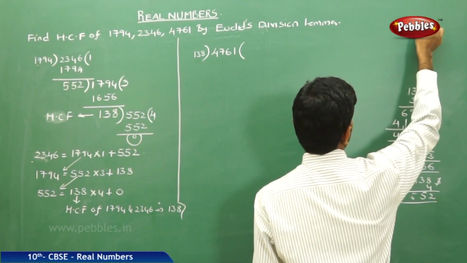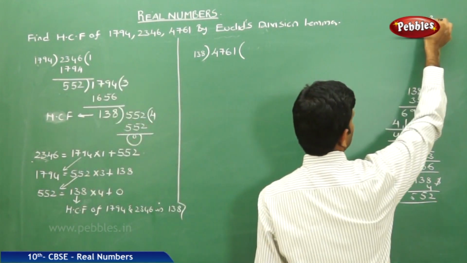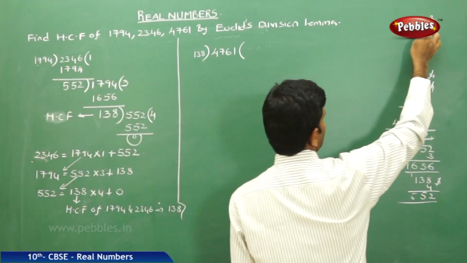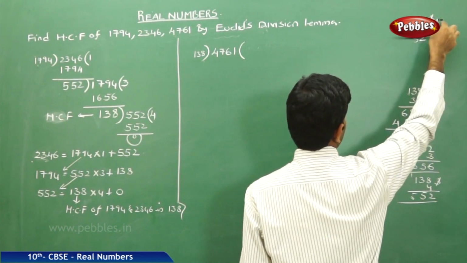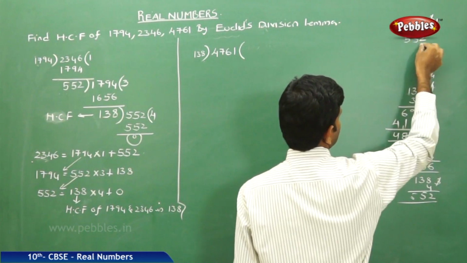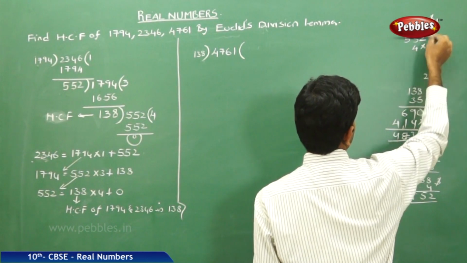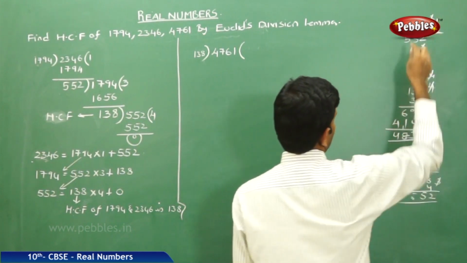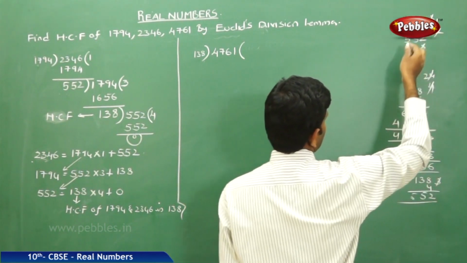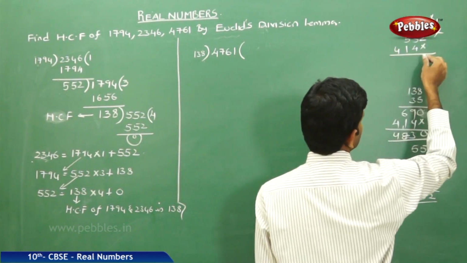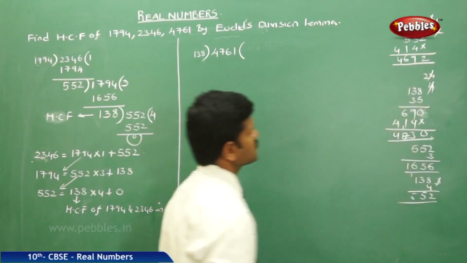138 into 34: 8 4s are 32, 12 plus 3, 15, 4 1s are 4 plus 1, 5. Into 3: 3 8s are 24, 3 3s are 9 plus 2, 11, 3 1s are 3 plus 1, 4. That is 4692.